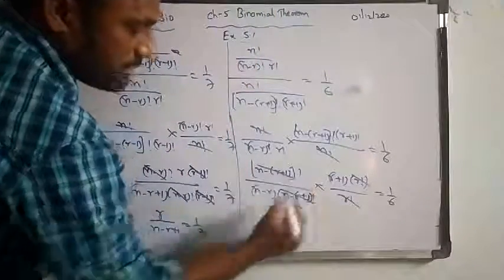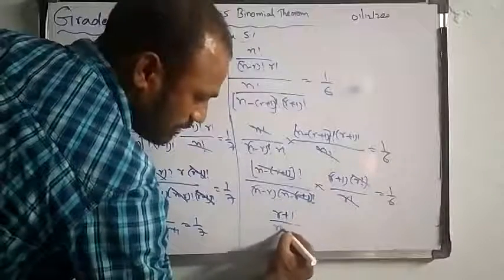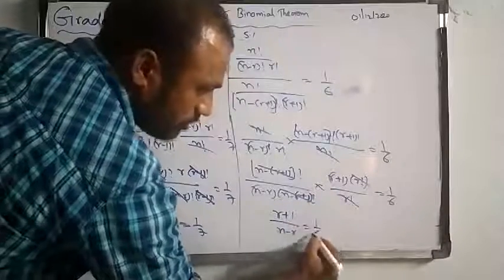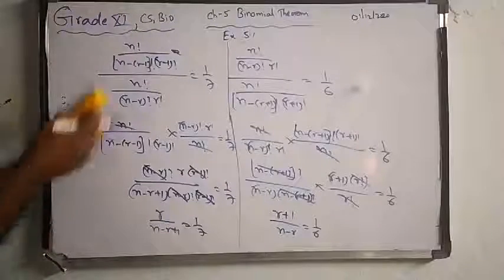Here (n minus r plus 1) factorial gets cancelled. So the left terms are (r plus 1) by (n minus r) is equal to 1 by 6.